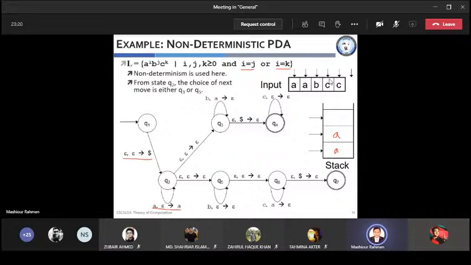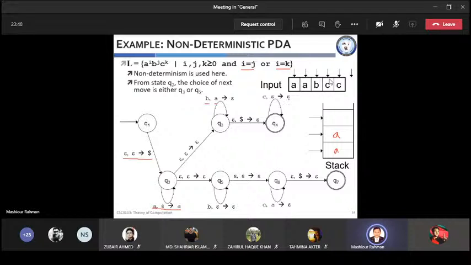This branch talks about the number of a's being equal to the number of b's, because 2 a's are already inside. So over here, for each of the b's, I'll be popping 1 a. If there are 2 b's, then 2 a's will be popped out and we will have the dollar symbol and we will accept it. But of course, before accepting it, as I know there might be some c's, I'll just be reading the c's.